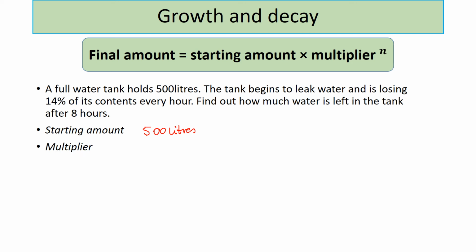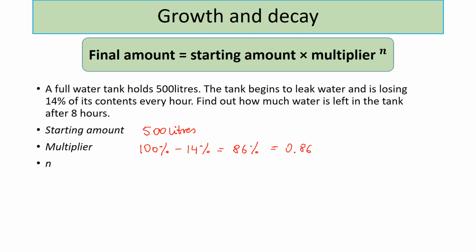The multiplier. Now the tank leaks, so it's losing water, so the value needs to go down. So if 100% is how much water there was at the start, I need to now take away the 14%. So now 100% take away 14%, that is 86%, and I want to divide it by 100 to turn it into a decimal, which is 0.86.